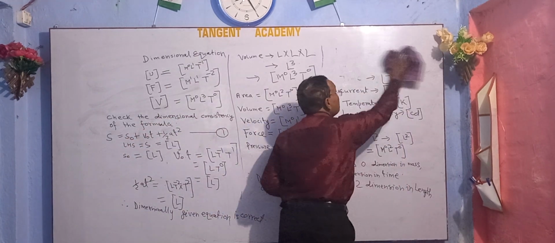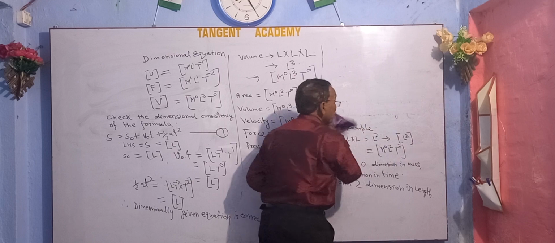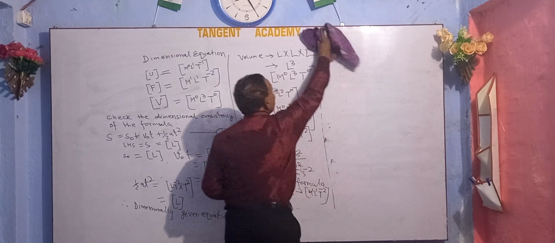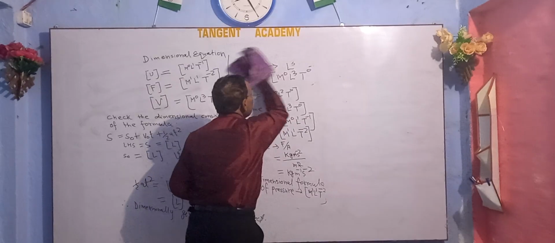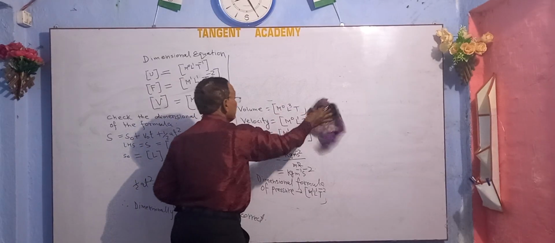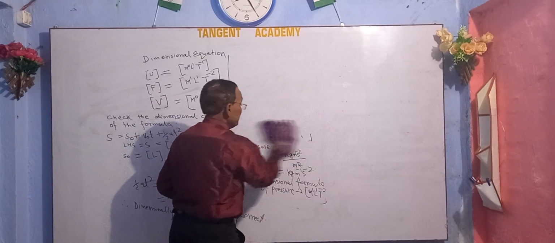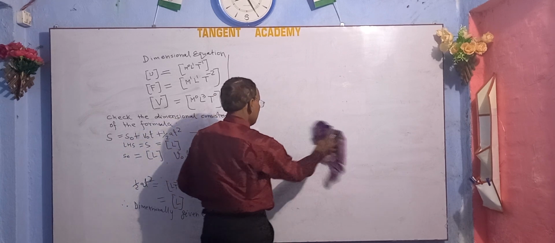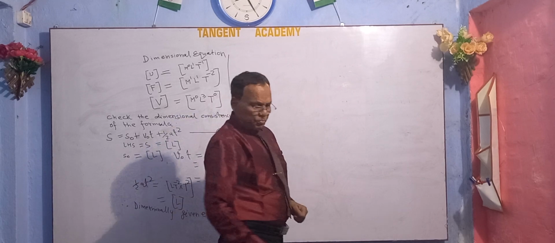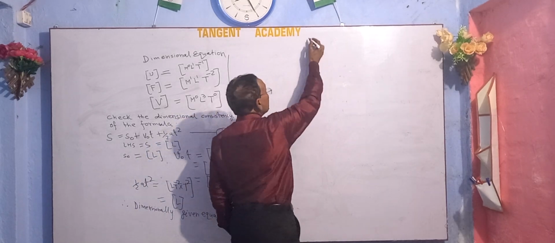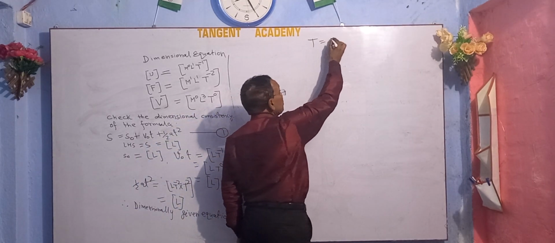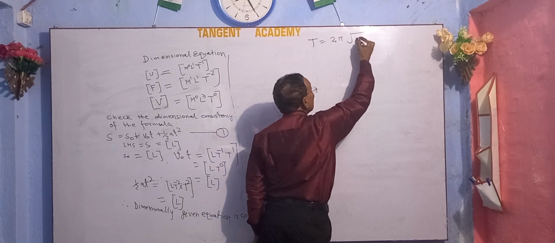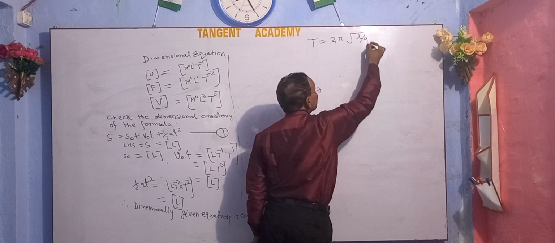Please let us observe. We have to derive T is equal to 2 pi under root L by G.